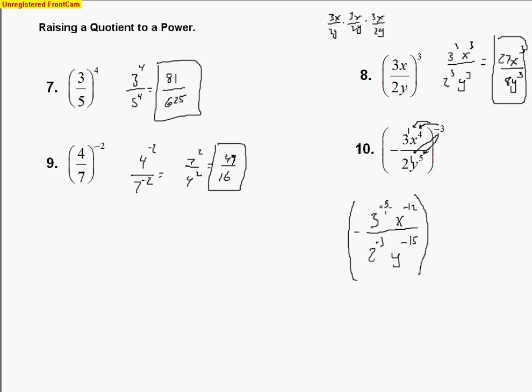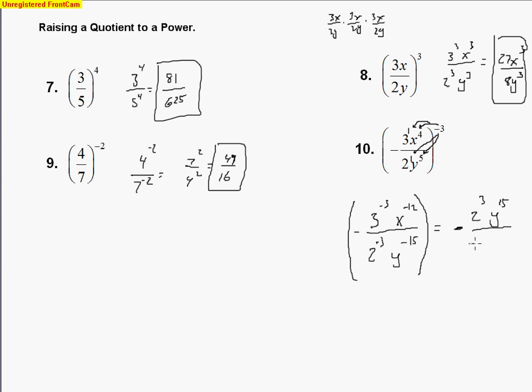So I can go ahead and take some reciprocals. No canceling here because all the bases are different. And so I'm going to take the reciprocal of everything with a negative exponent. That negative sign just stays there. That doesn't change. Nothing is changing that. So we have 2 to the positive third, y to the positive 15th now. And down below I've got a 27. Actually, instead of multiplying that out, I'm going to leave it in the exponent form to start with.